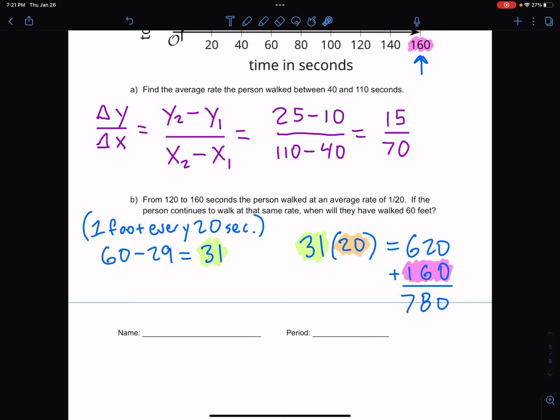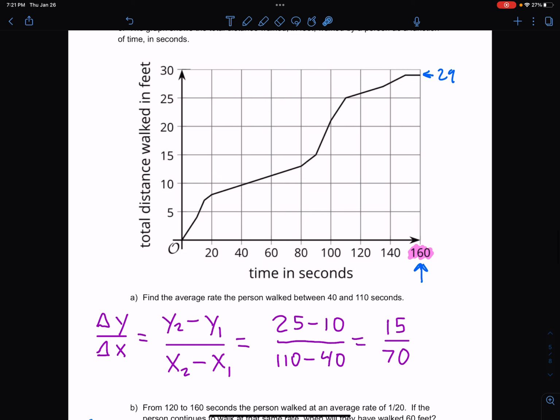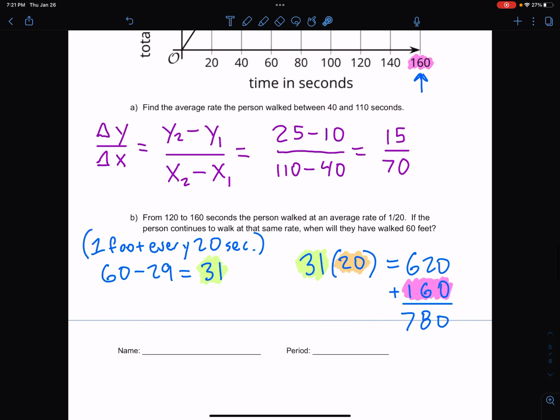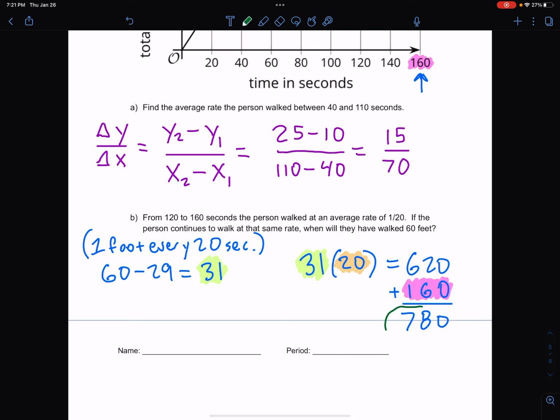Whoever was to grade my work would say, even if they approximated me at being 28 feet or 30 feet after 160 seconds, they can see exactly what I'm working on and recognize where this final answer of 780 seconds came from. It will take a total of 780 seconds to get to that 60-foot mark.